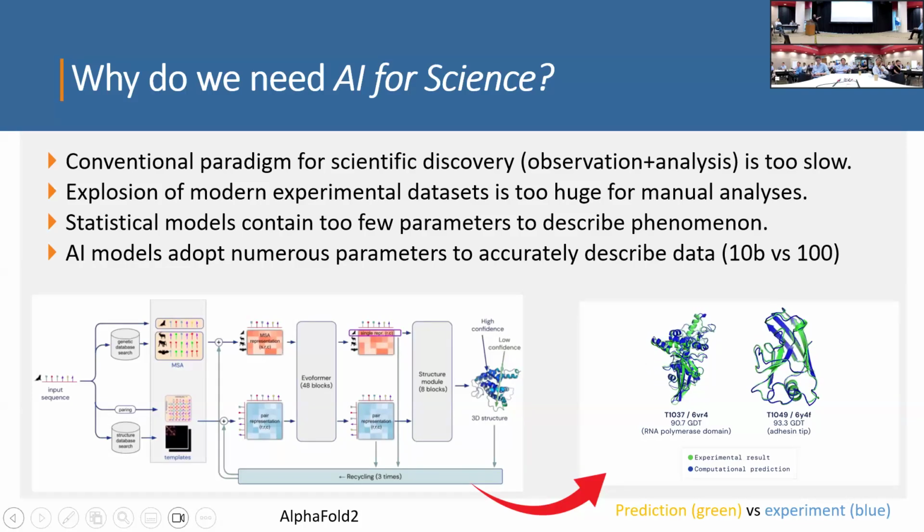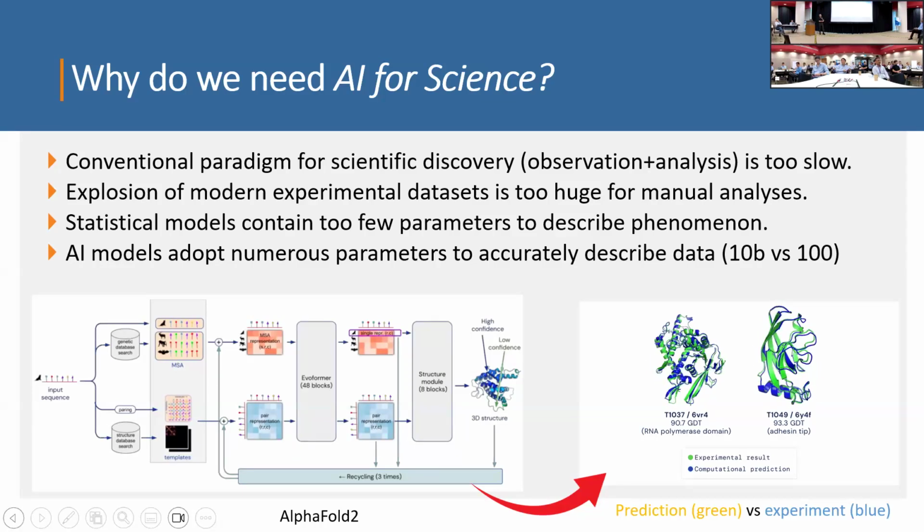It starts from the amino acid sequence of a protein, and the end is a three-dimensional structure. There's a transformer neural network plus a structure module. They trained it on experimental structure data from the PDB library. And this is a very amazing result.